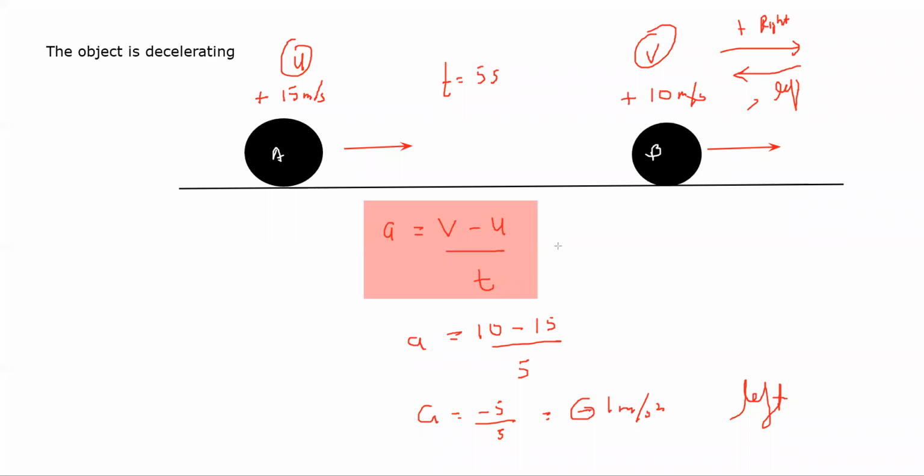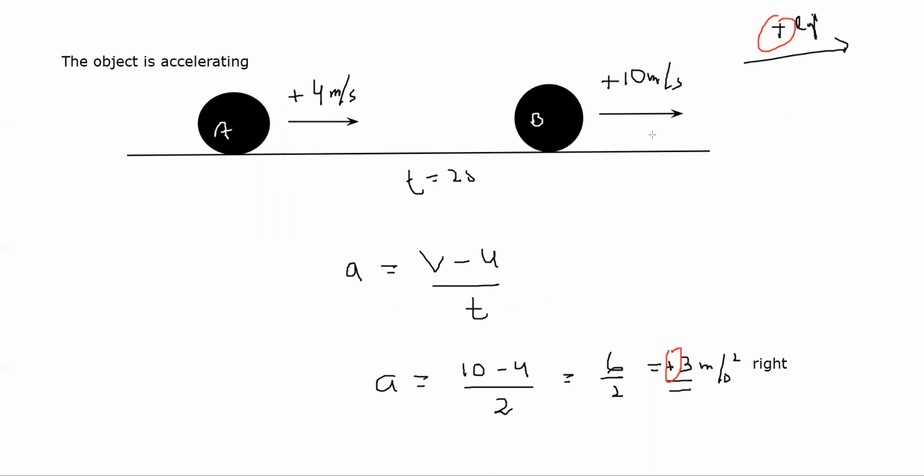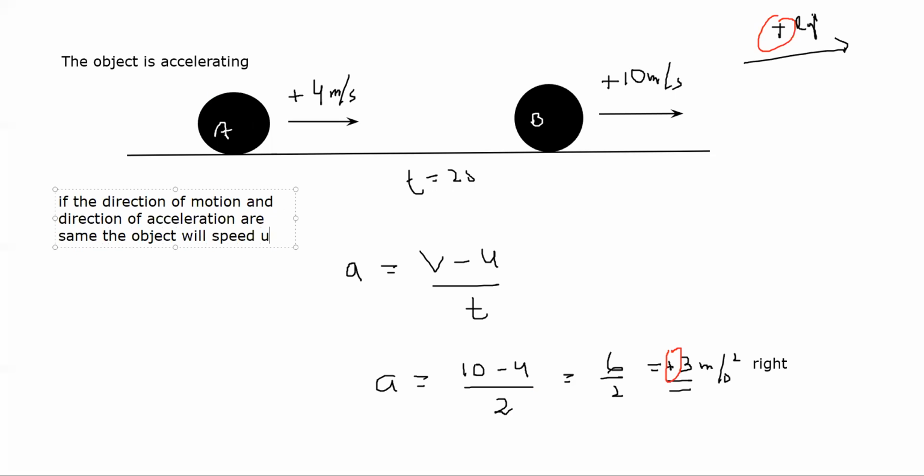So basically what we can say, you can see here, the direction of acceleration and the direction of the motion: the object was moving towards right and acceleration is also towards right. So if the direction of motion and direction of acceleration are the same, the object will speed up, meaning the speed of the object will increase.